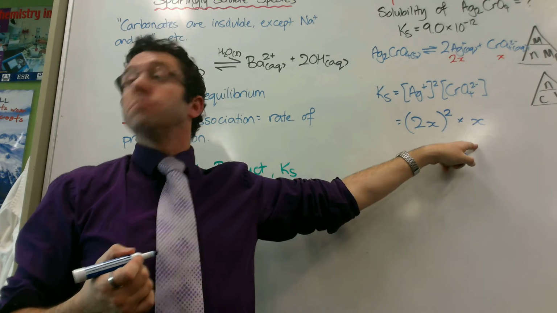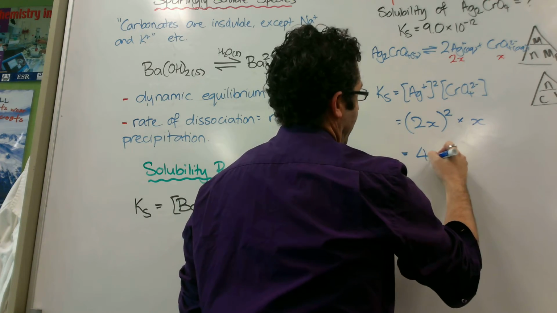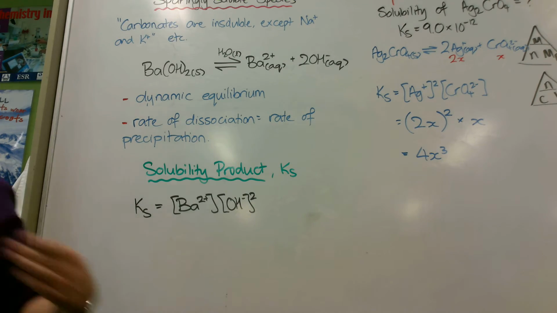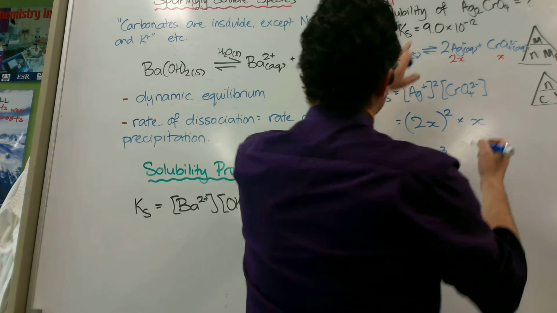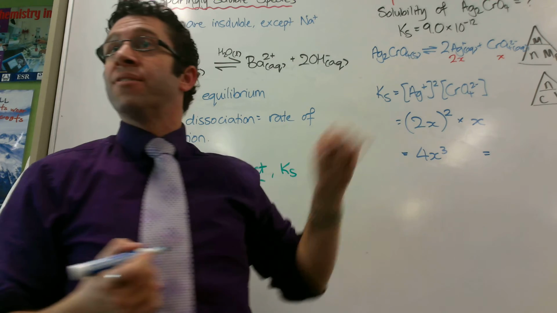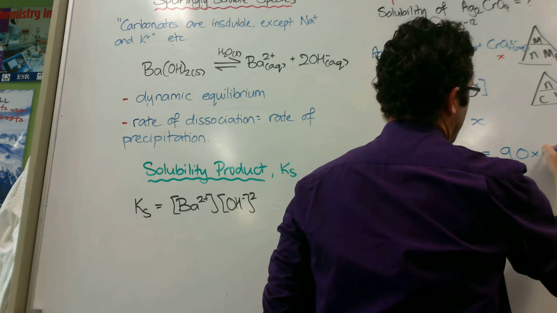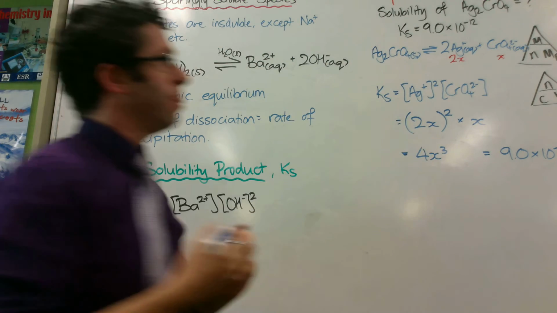Good with that? Okay, so I get 4x cubed. So my expression is 4x cubed equals Ks, which we're given the number for. 9.0 times 10 to the negative 12.